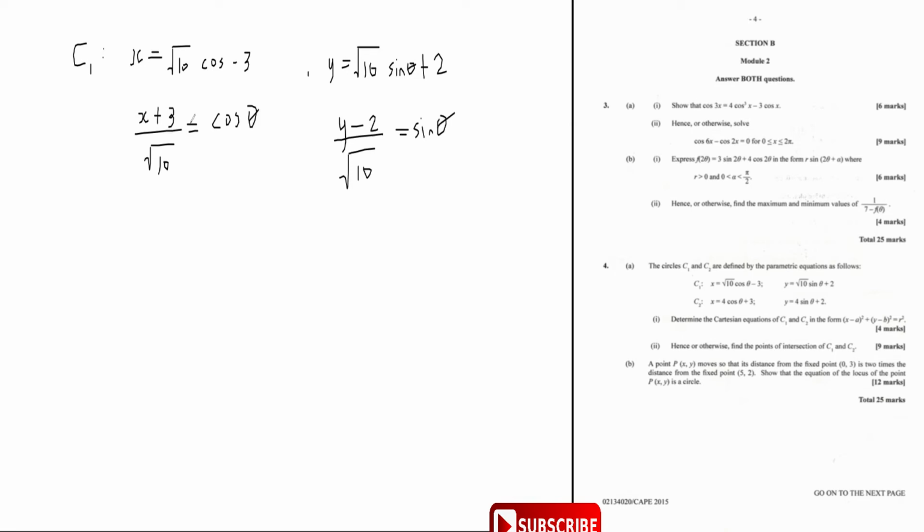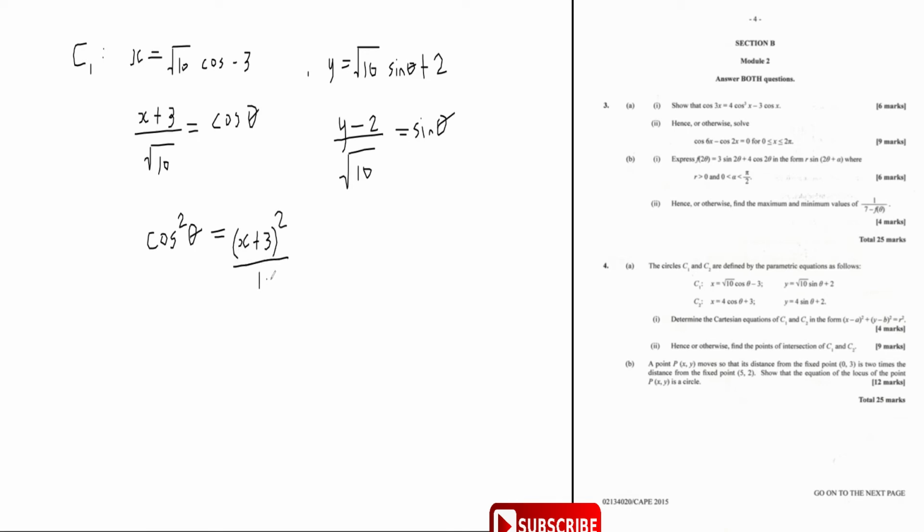By squaring both sides, you get cos squared theta is equal to x plus 3 all squared over root 10 squared, which is 10.